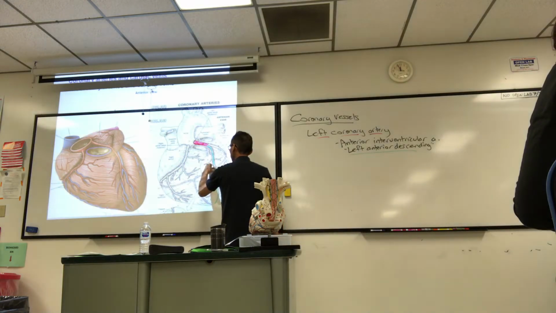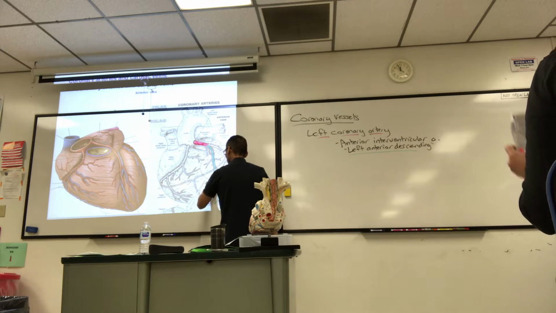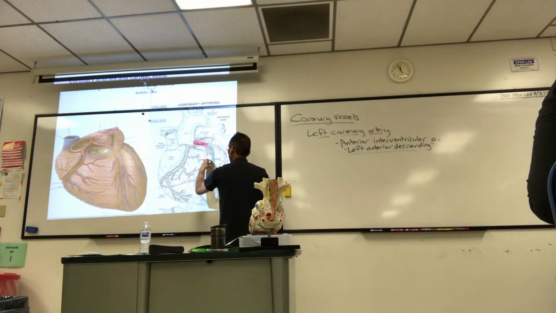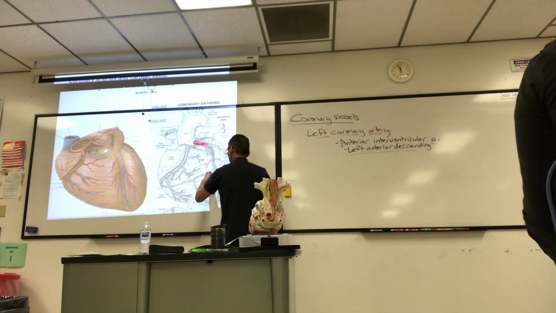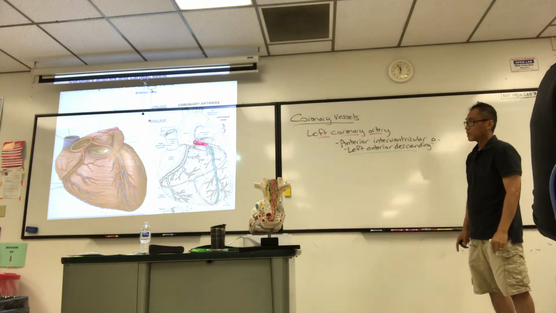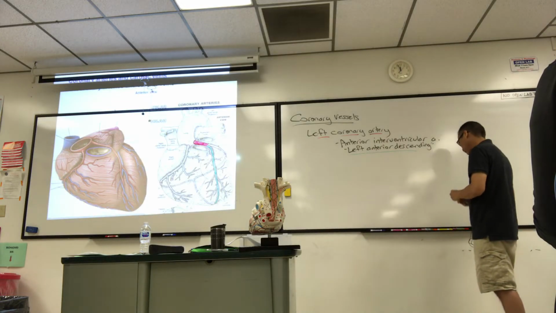It gives a lot of branches along the way, but just know the main one. Left anterior descending. Notice the other branch wraps around the back. That's called the circumflex artery.